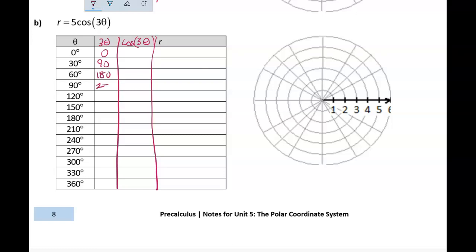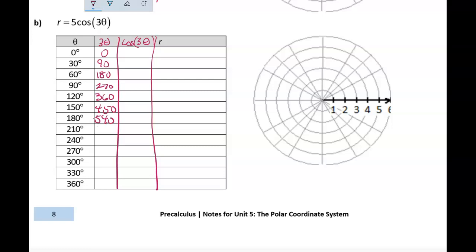180, 270, 360, 450. Oops, excuse me. Yeah, 450, and then triple 180 is 540. I'm just going by 90s, right? Because we're going by 30s in the thetas.